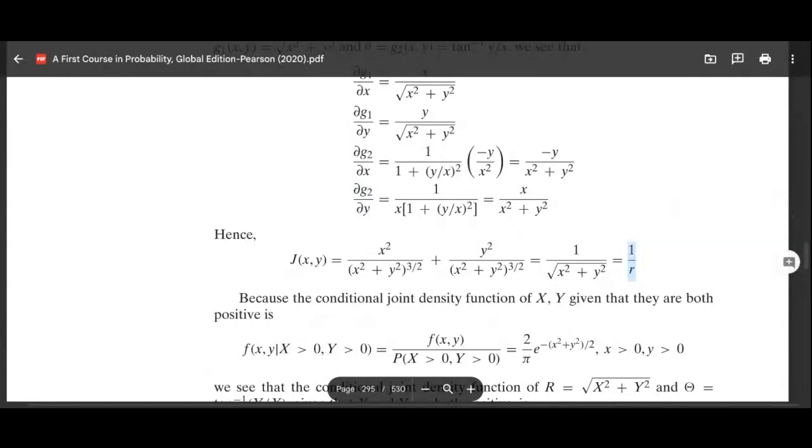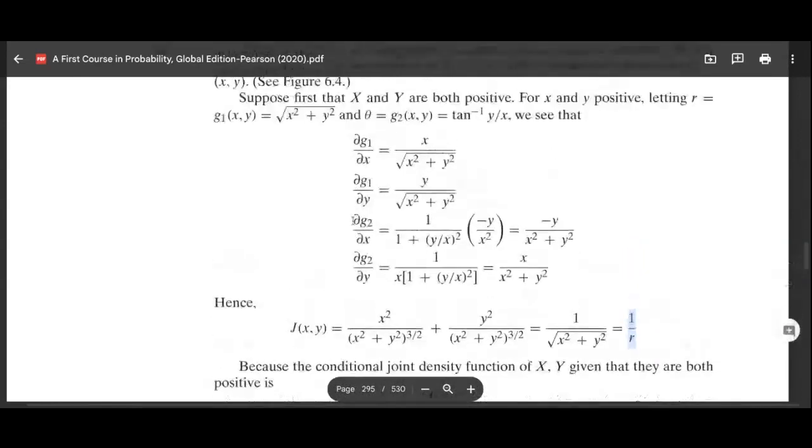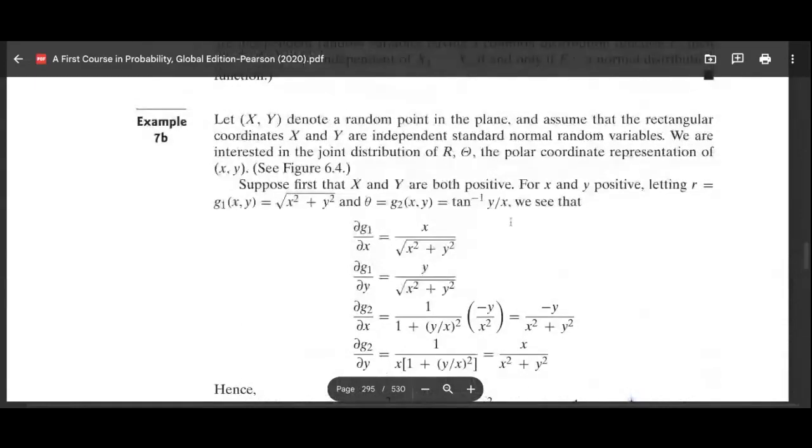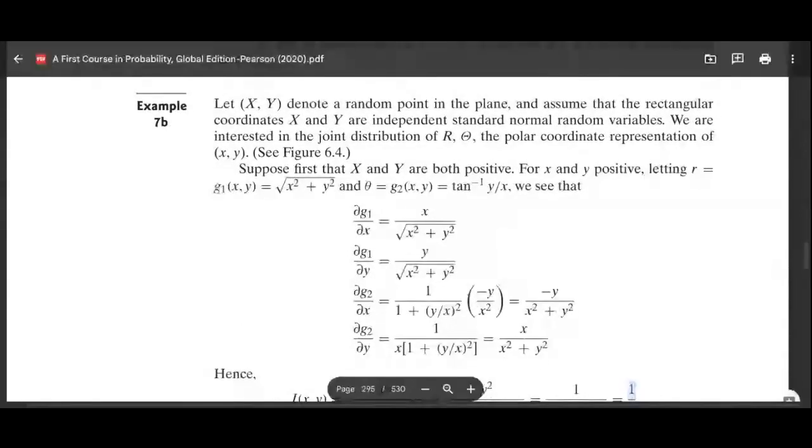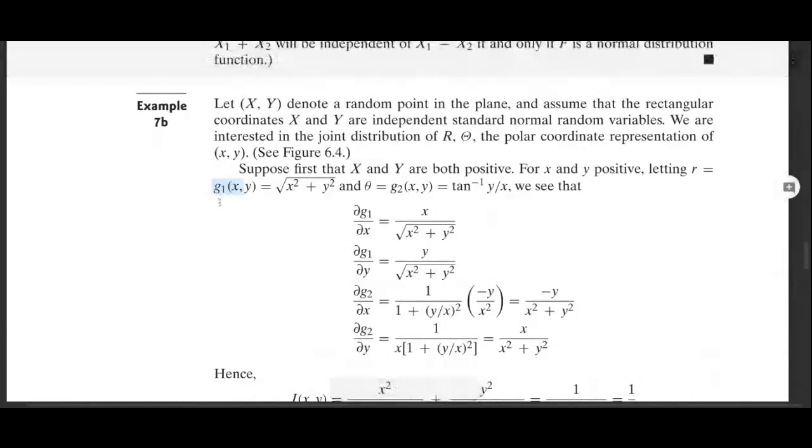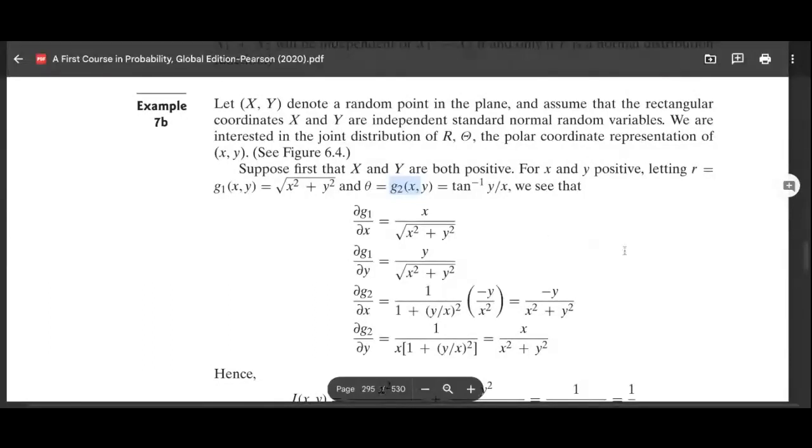Interesting, huh? Remember when we calculated the area with a double integral from the plane to polar coordinates, the Jacobian is r, right? But here, what do we do? g1 is a function in terms of x, y, and g2 is also a function in terms of x and y.